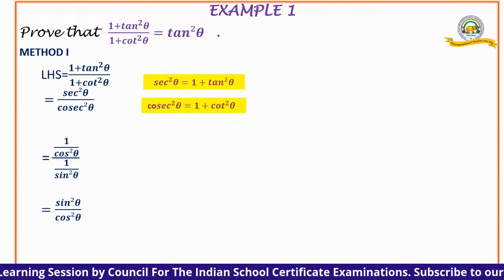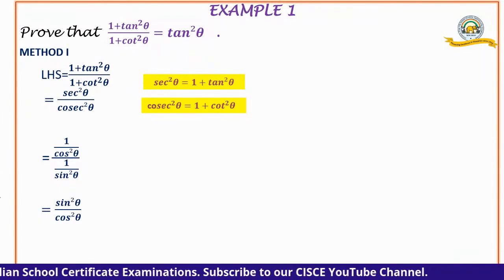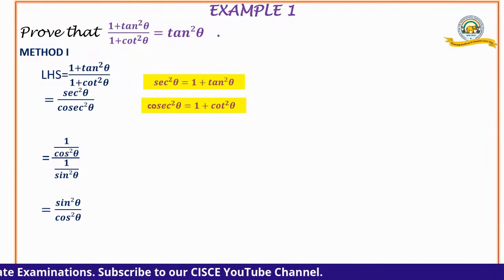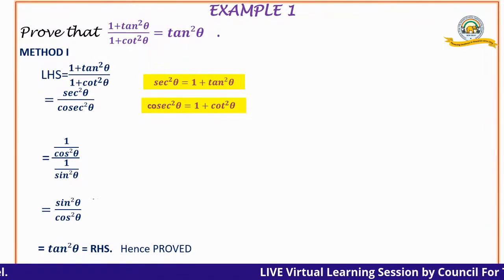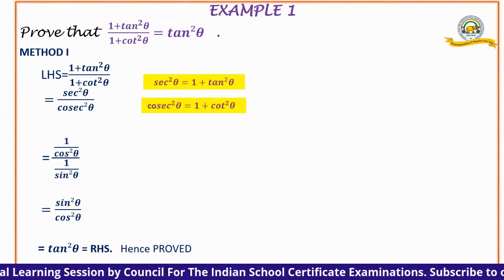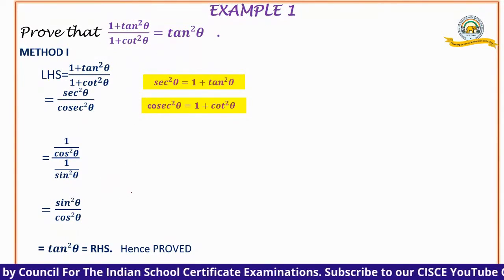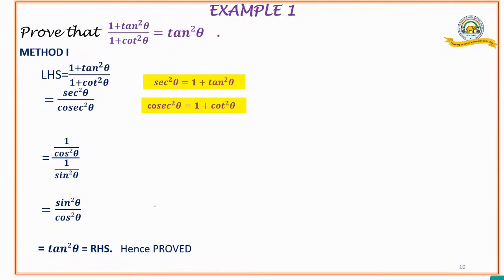So if I divide this, we get sine square theta by cos square theta. So what is sine by cos? That is tan square theta. So we have got our value for the right hand side. So that means it proves that 1 plus tan square theta by 1 plus cot square theta is equal to tan square theta. I hope that is clear.